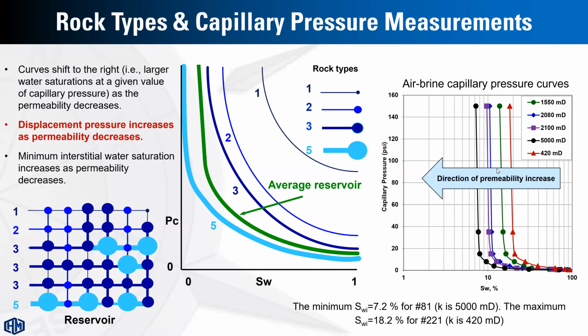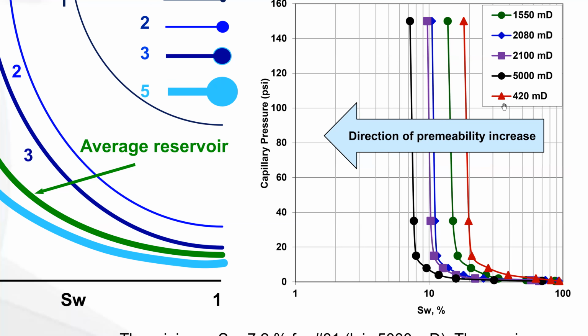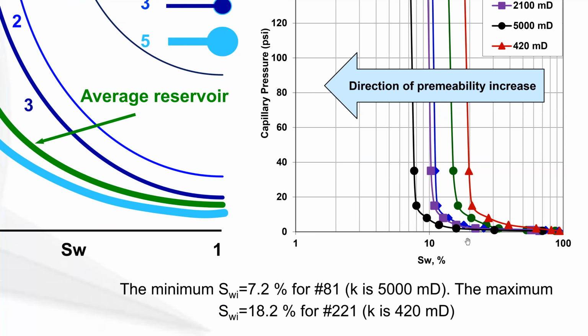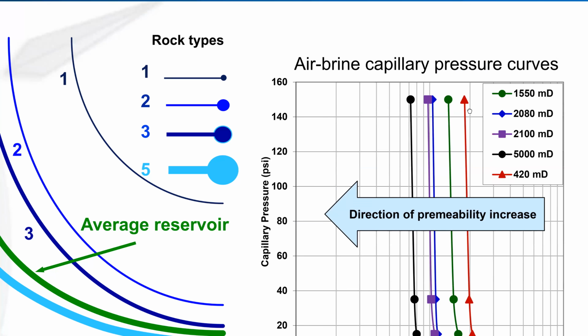So these are actual measurements, as you can see. These are A-point capillary pressure curves. For this one in the red color, the permeability is almost 420 millidarcy, so the SWI is almost 18%.